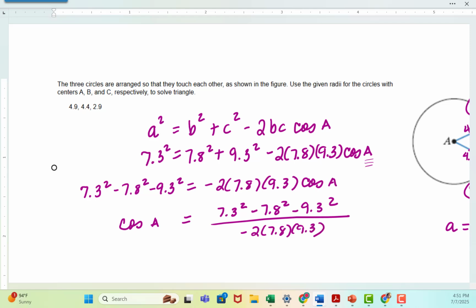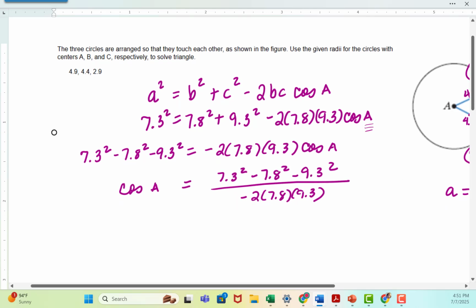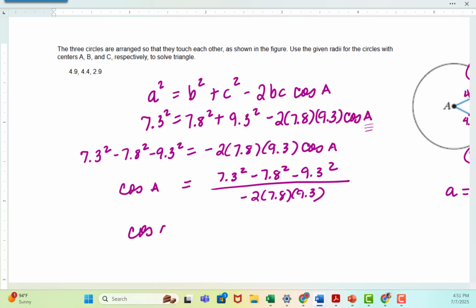Okay. And if you do all of that, you get that cosine of A is equal to 0.6482 approximately.